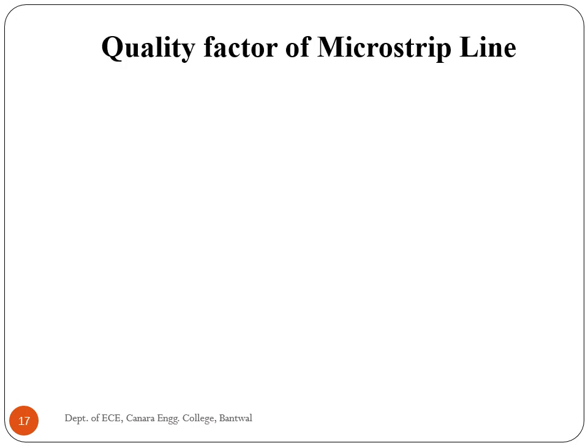Many microwave integrated circuits require very high quality resonant circuits. The quality factor of a microstrip line is very high, but it is limited by the radiation losses of the substrates with low dielectric constant.